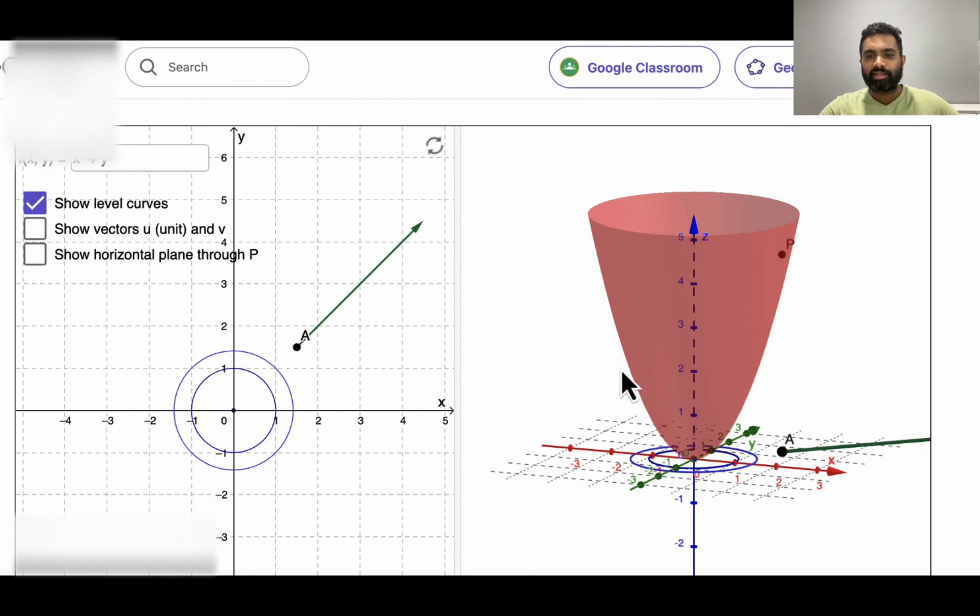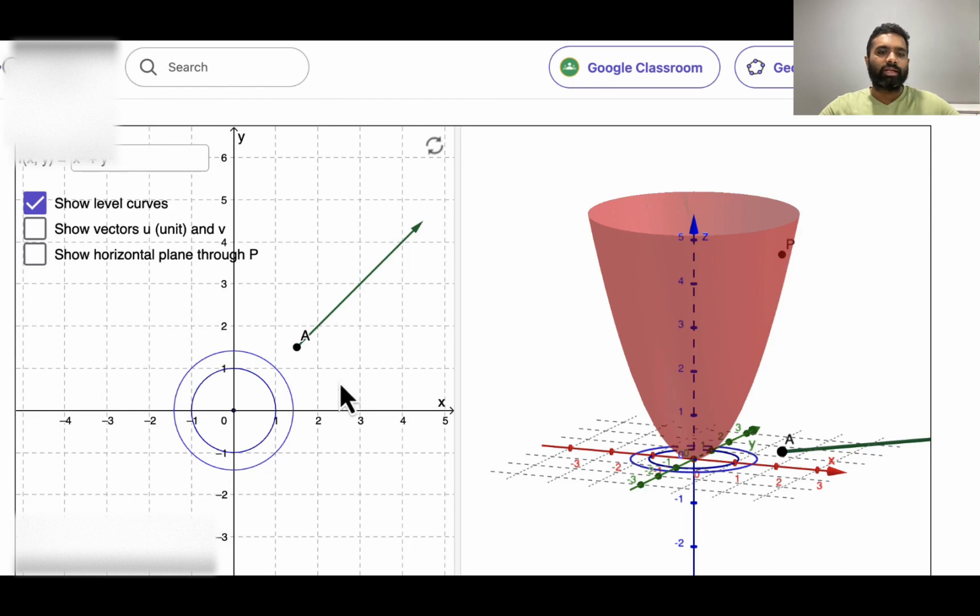So you slice it at function value 2, then you will obtain the contour for function value 2. You slice it at function value 4, then you will obtain the contour at 4, and likewise.